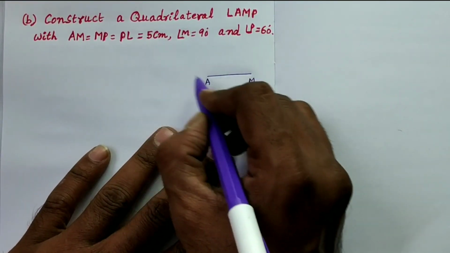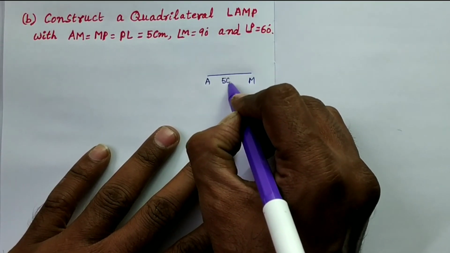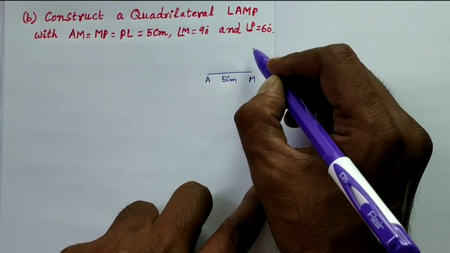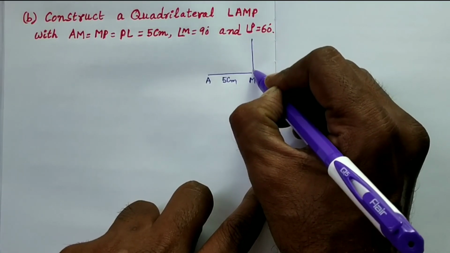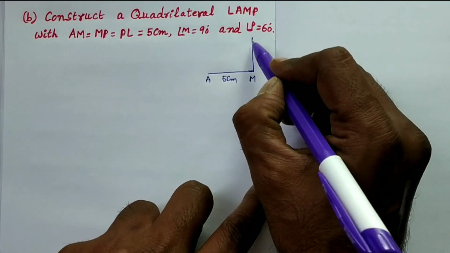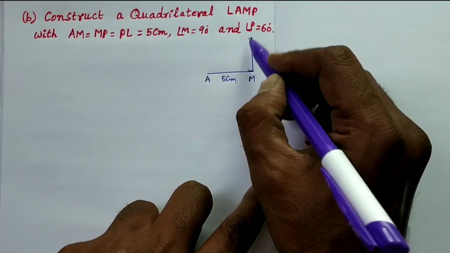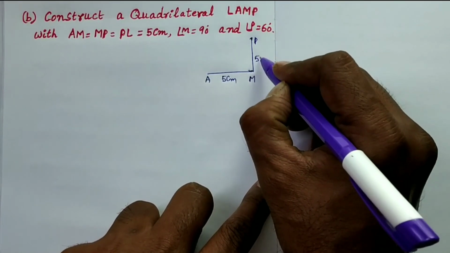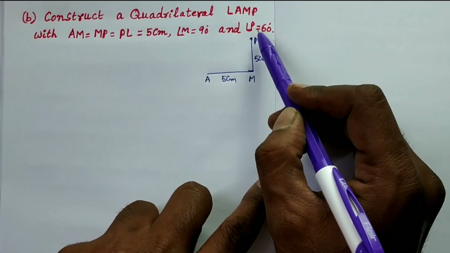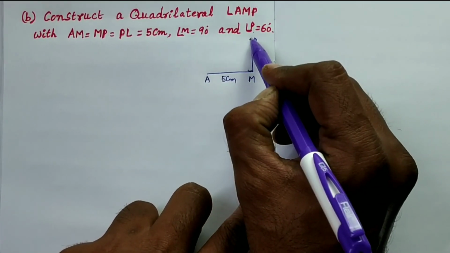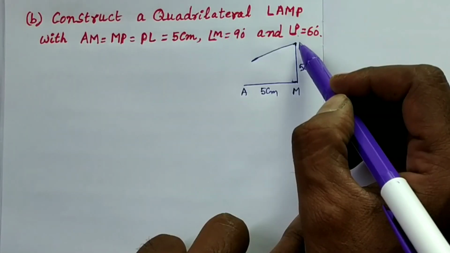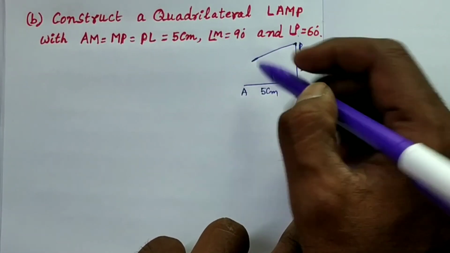AM is 5 centimeters and angle M is 90 degrees. MP is also 5 centimeters, angle P is 60 degrees and PL is 5 centimeters.